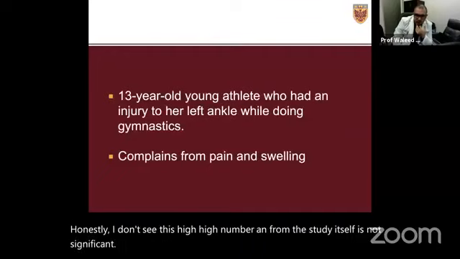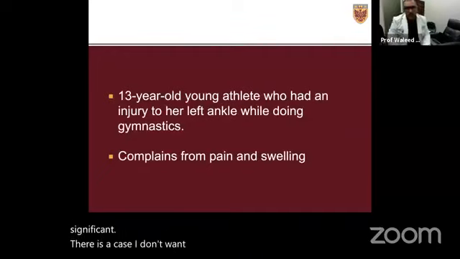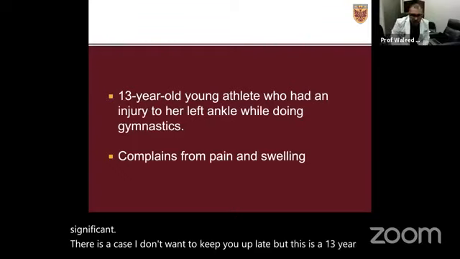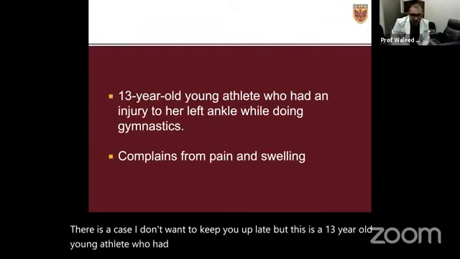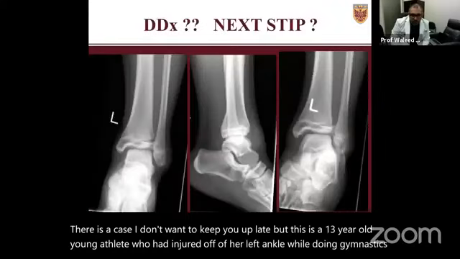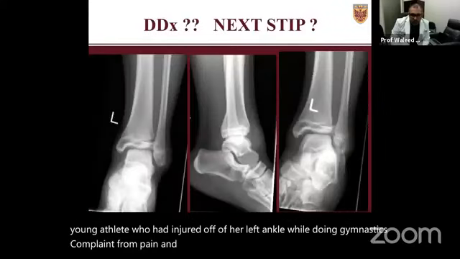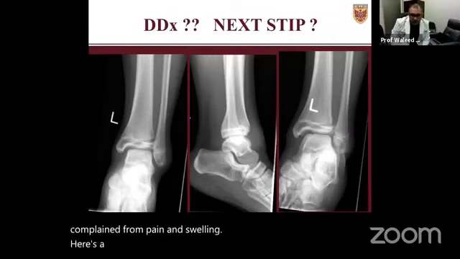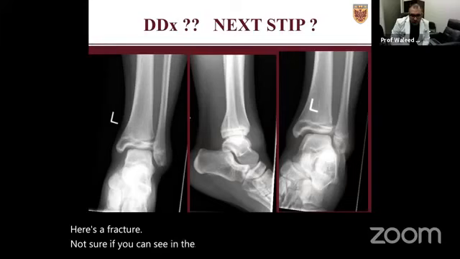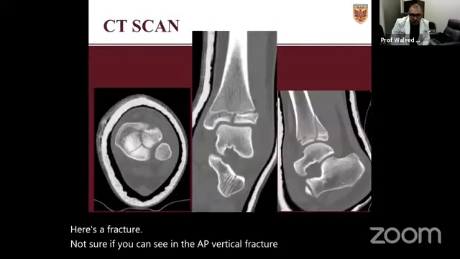There is a case, I don't want to keep you up late, but this is a 13-year-old young athlete who had an injury of her left ankle while doing gymnastics, and complained of pain and swelling. Here's a fracture. I'm not sure if you can see it in the AP, a vertical fracture, or in the lateral, but here's the CT.